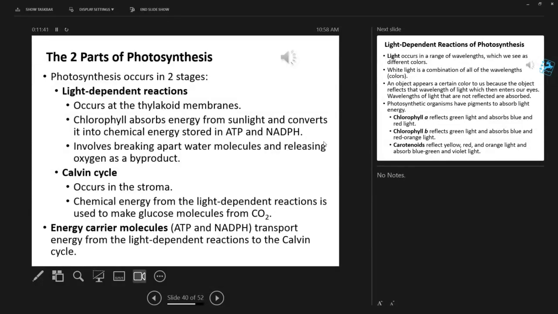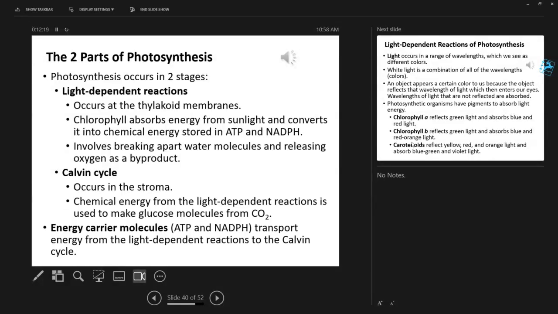And again, this uses ATP and NADPH. These two energy storage molecules are used in photosynthesis. The summary of what happens is, in the light-dependent reactions, light energy is converted into chemical energy that is stored in ATP and NADPH.